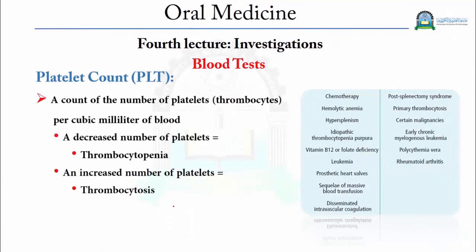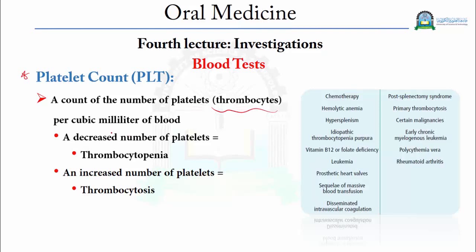Platelet count also is an important test which can be ordered by the dentist or by you for your patient, which indicates important information about the systemic condition regarding bleeding and anticoagulation. So the platelet count is the count of platelets or thrombocytes in the total blood per cubic millimeter.